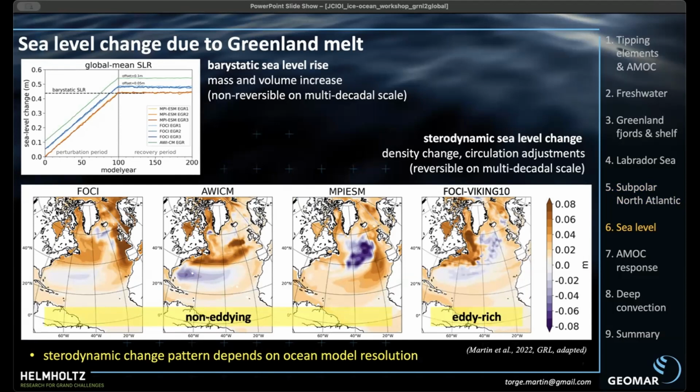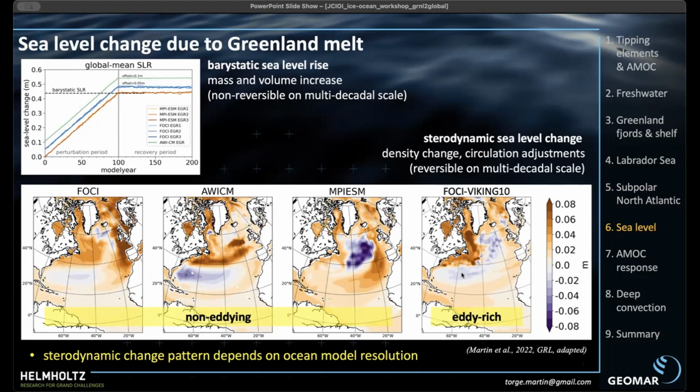What I want to emphasize on the left-hand side is that there are 3 different ocean models driven by the same atmosphere, showing not only sea level increase in the dark brownish areas, but also decrease in other areas. And these regions differ a lot in how much the European or North American coast would be affected by the internal dynamics of that model.